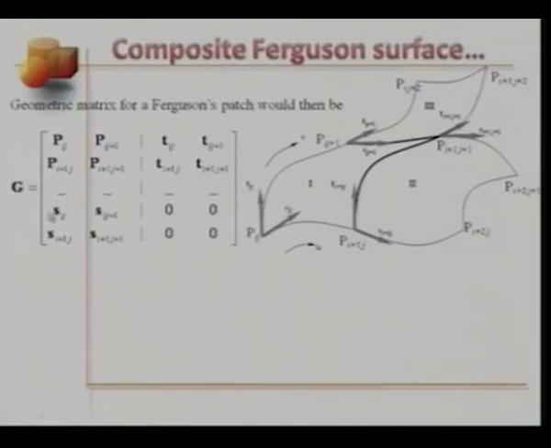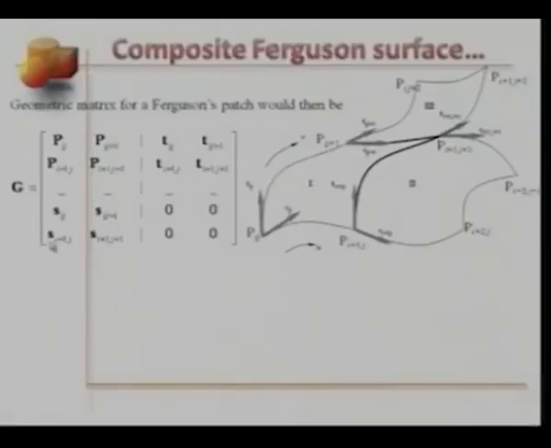In the lower left region, we'll have slopes along the u direction in the same order: Sij, Si,j+1, Si+1,j, and Si+1,j+1. This region pertains to the information on twist vectors. For now, we have assumed them to be 0.